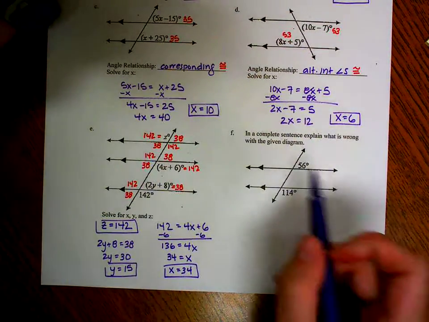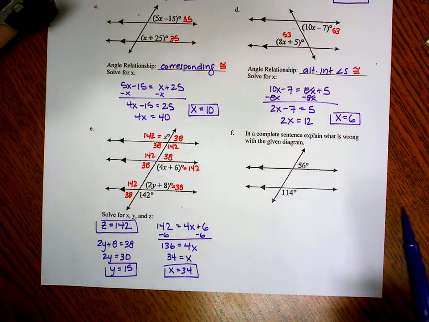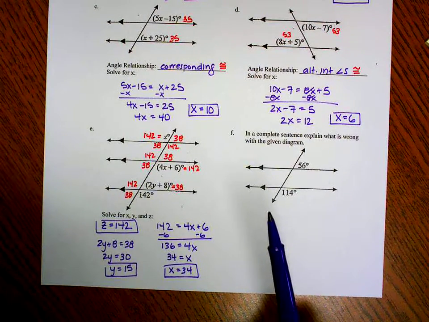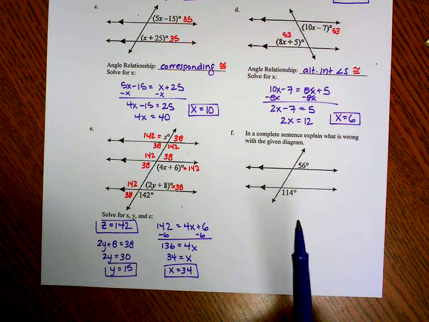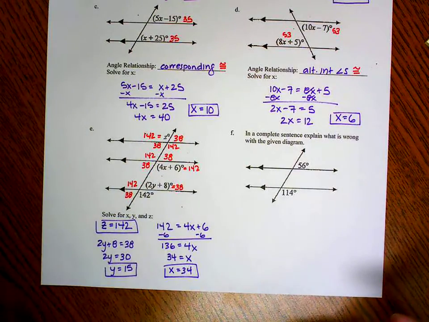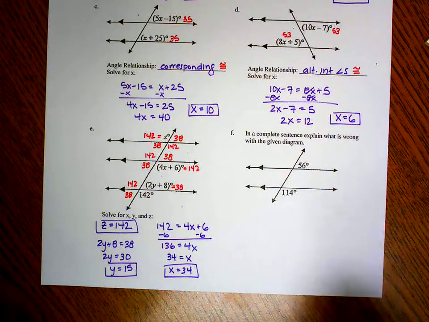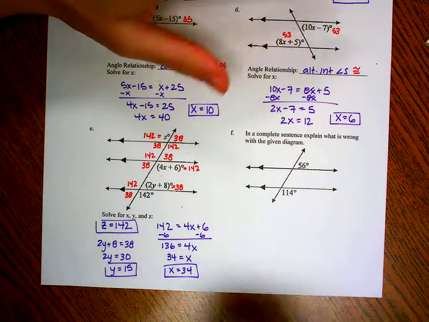F says, in a complete sentence, explain what is wrong with the given diagram. I want you guys to write your sentence by yourself, so I'm not going to write this, but let me help you think about what's wrong. So we know when lines are parallel that all of our angle measures, well, I'll write the first part.